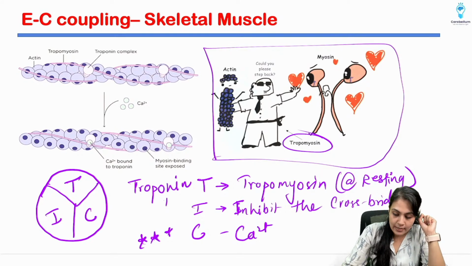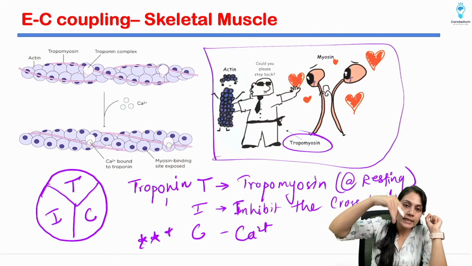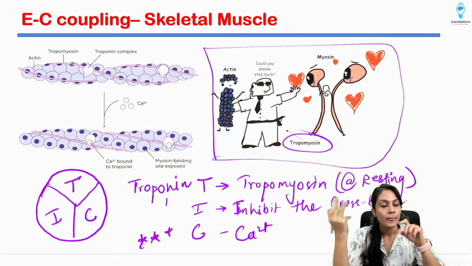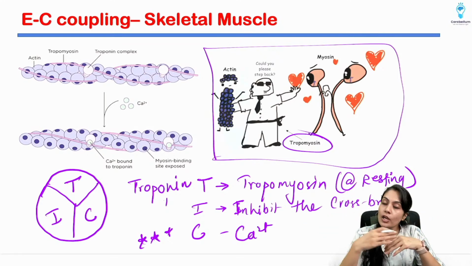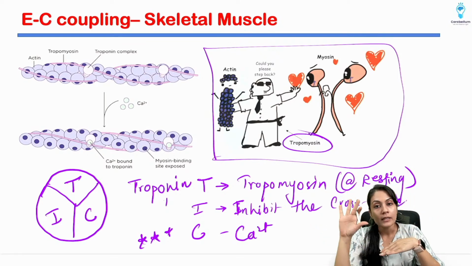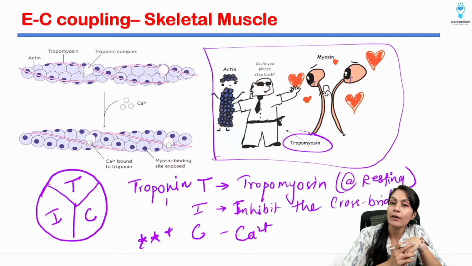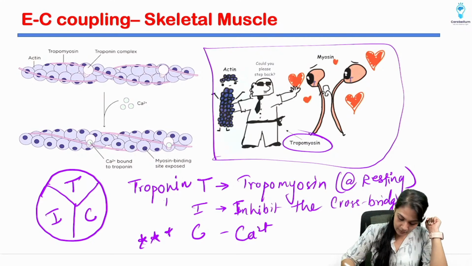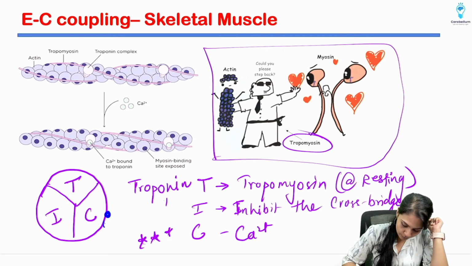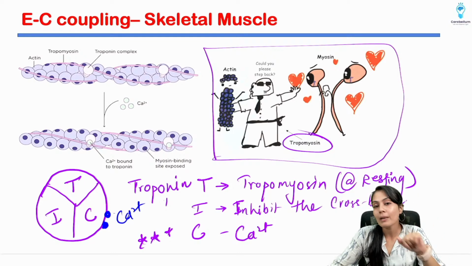So as soon as the calcium gets released, just now we talked about the DHPR and RYR channel. As soon as the RYR channels open up, the calcium will be released from the RYR. It is going to come into the myoplasm. It will bind to this troponin C, right? So let's say the calcium is bound over here. Now what will happen?